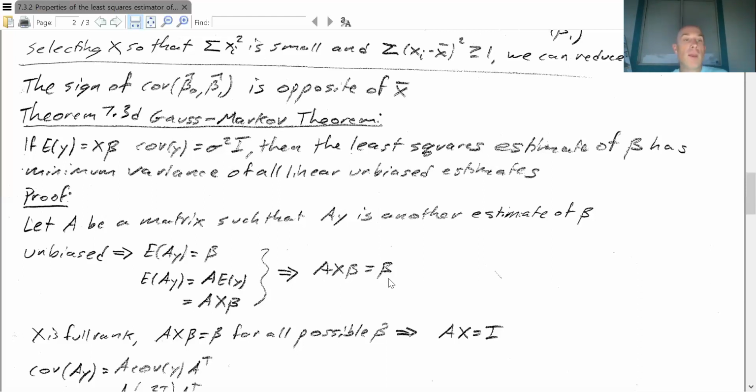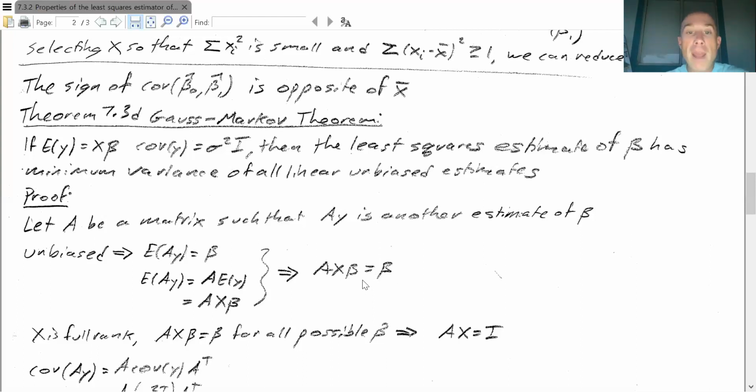This has to work for any possible beta. A kind of interesting aspect of this proof is that we didn't specify which beta we're working for, so this formula has to work for all betas.